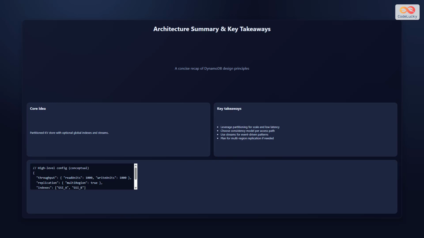Remember that DynamoDB is a managed service, which means you focus on your application rather than database operations. Start with on-demand billing if your traffic is unpredictable, then move to provisioned capacity as patterns stabilize. Test your recovery procedures regularly to ensure business continuity. With these principles, you can build highly scalable, performant applications on DynamoDB.